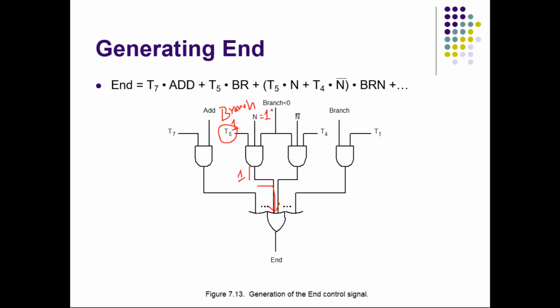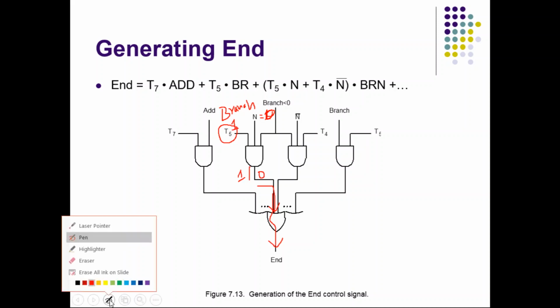Suppose if n is 0, then this T5 instruction will not execute because the output will be 0. So whatever the output, if this output is 1, then that instruction will execute and it will end. Finally, after executing only it will end.